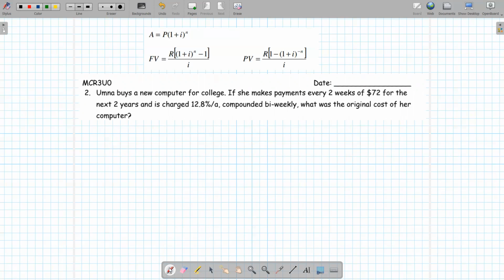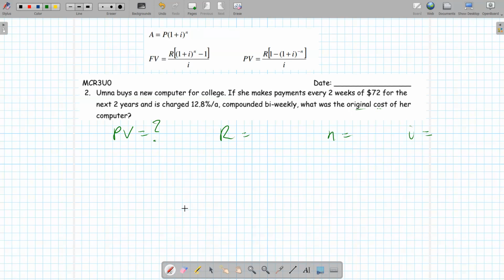Present value? Yeah, again, it's a present value because the computer that she bought, she bought it today, right? She's already bought it. So, what are they looking for? They're looking for the original cost, which will be the money that she paid today.